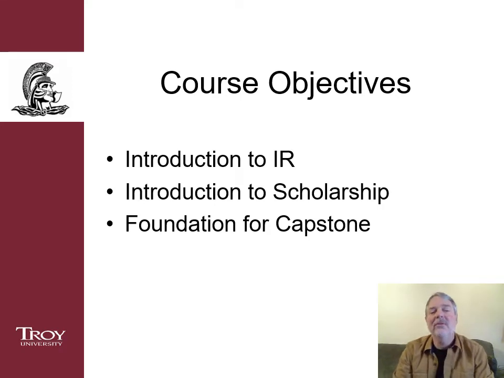Okay, the course objectives: we're introducing you to international relations. We're also introducing you to a graduate program. This course is designed to be the first for new students in our program, and it is going to go into scholarship. We're going to talk about plagiarism and that sort of thing, but we're also going to talk about the scientific method that is used in the program.